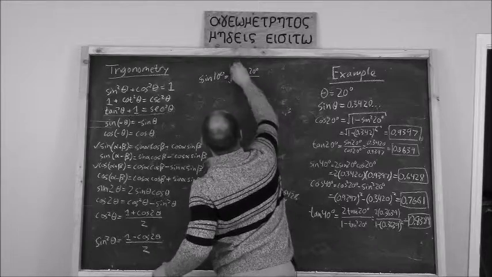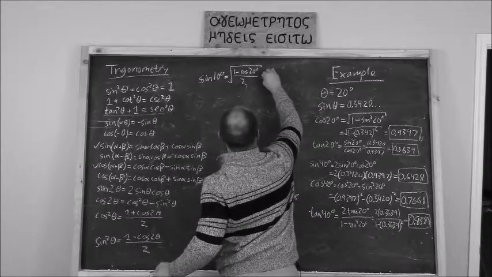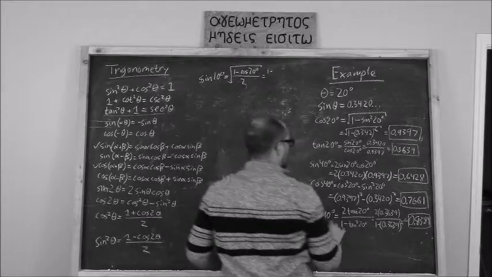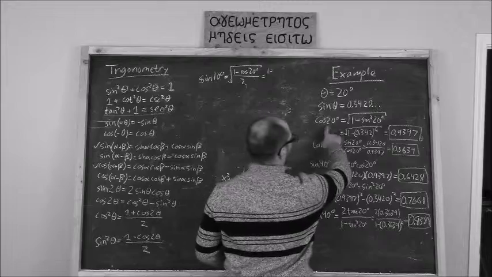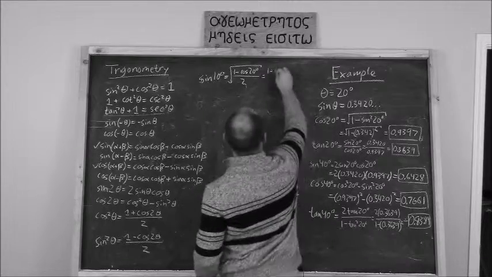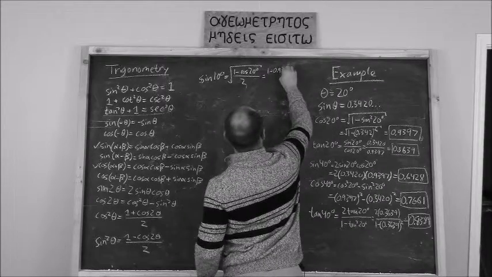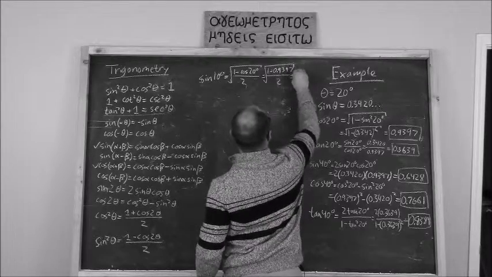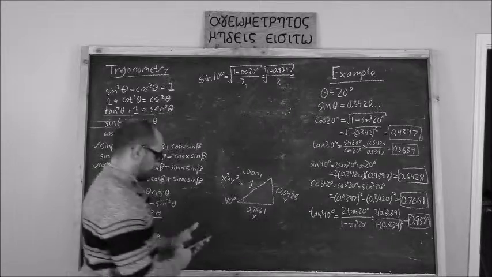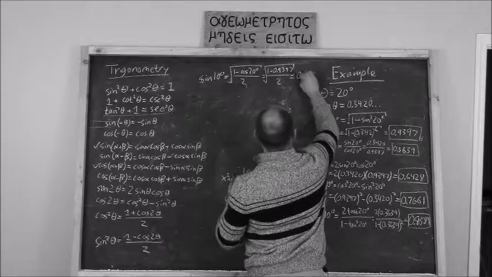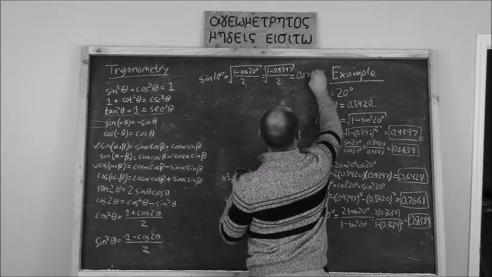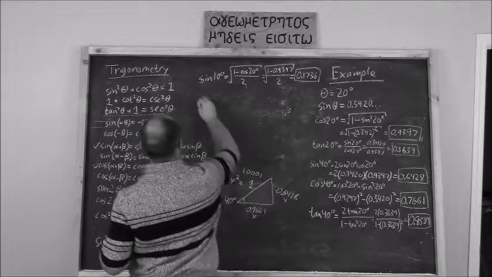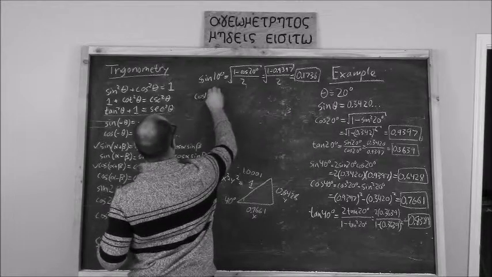And we have to take the square root of the whole thing. So 1 minus, well, cosine of 20 is 0.9397. Divide that by 2 and take the square root. And what do I get? 0.1736.